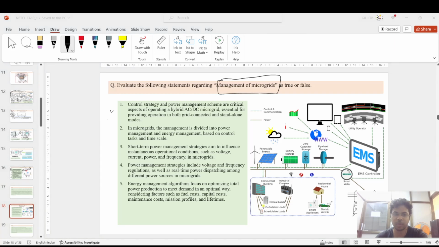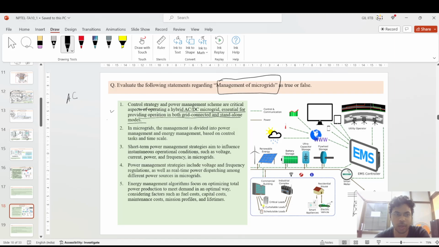Okay, fine. Let me give you some clarity over the statements. The first statement is saying that control strategy and power management schemes are critical aspects of operating a hybrid AC-DC microgrid, essential for providing operation in both grid connected and stand-alone modes.